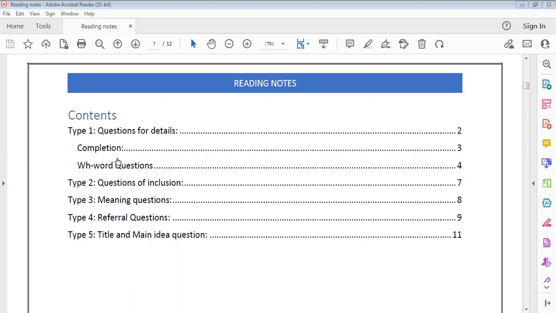Everything will be clarified theoretically, then we will have practice applying the theoretical part. Clear?